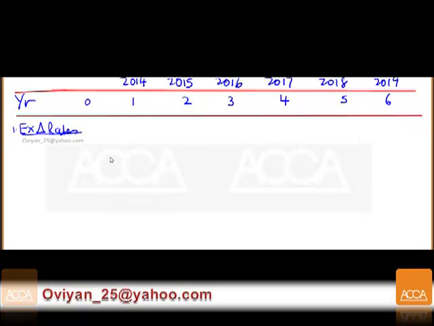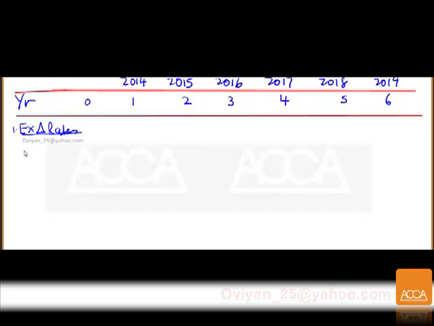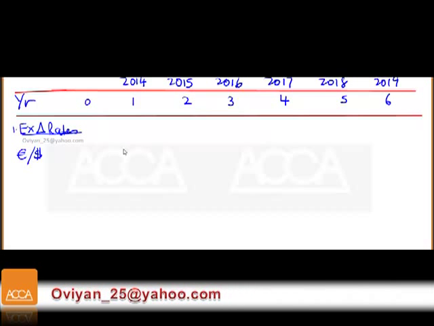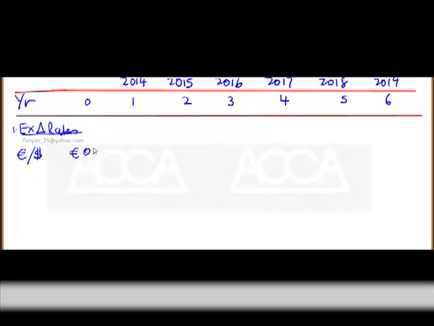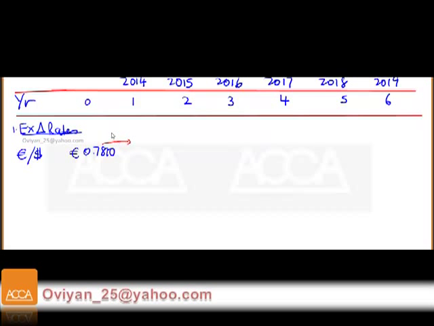Now exchange rates, it's simply going to be euro to a dollar, and we know that the dollar is going to depreciate, so it's starting off with euro to a pound of 0.7810 to a dollar, sorry, and it's going to depreciate.